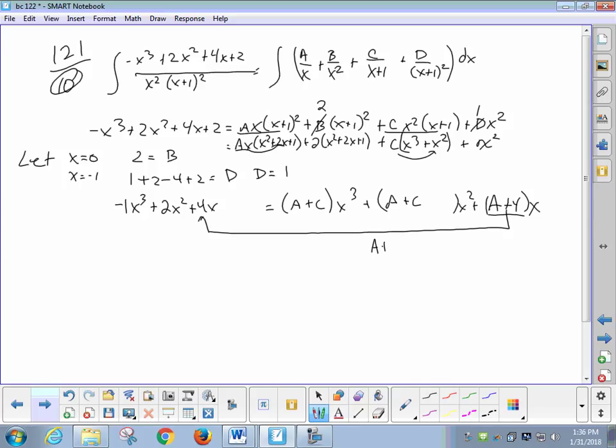If A plus 4 needs to equal 4, that implies A must be nothing. Now you can use the A plus C. If A plus C equals negative 1 in x cubes, then C must be negative 1. So the problem is then the integral of no first term, but B over x squared. What's B again? 2 over x squared minus 1 over x plus 1 plus 1 over x plus 1 quantity squared.